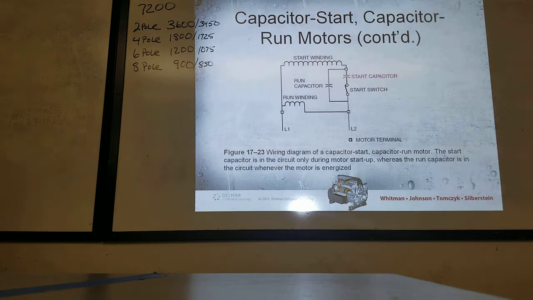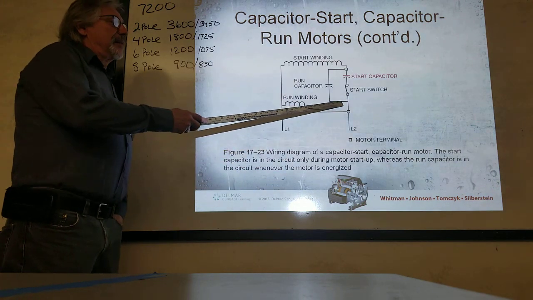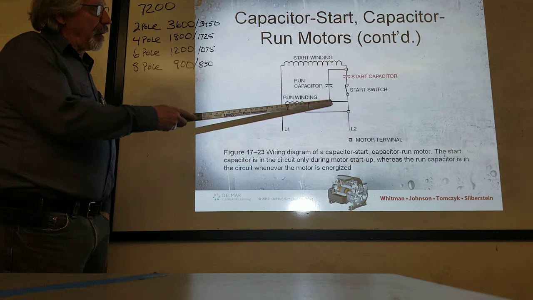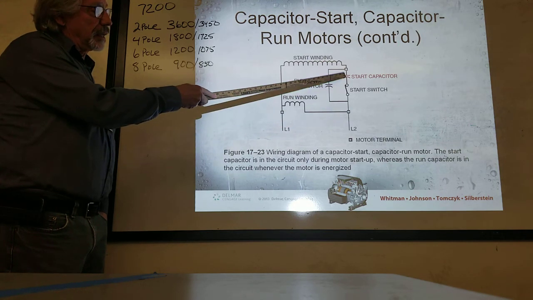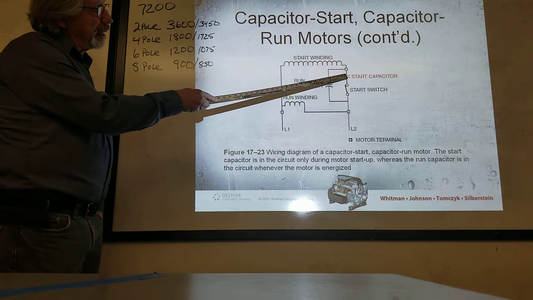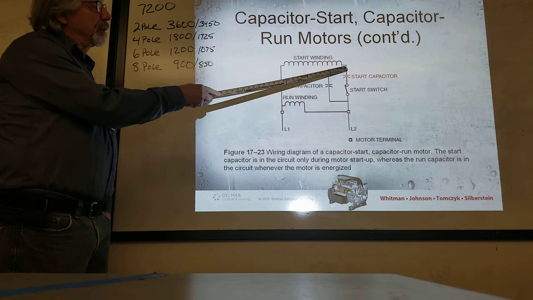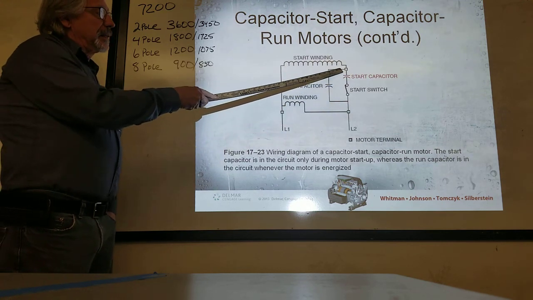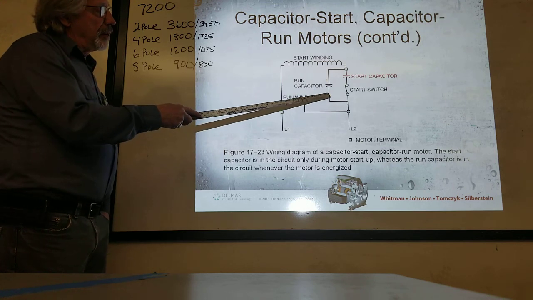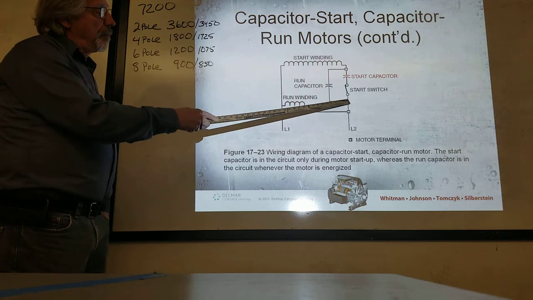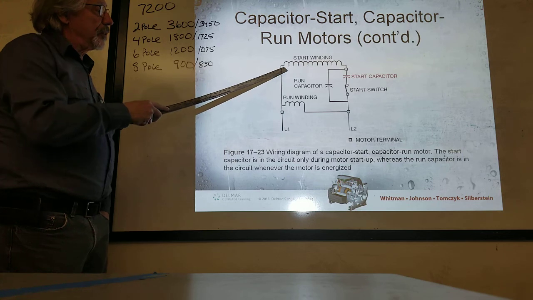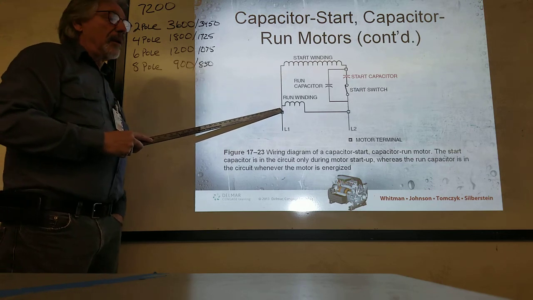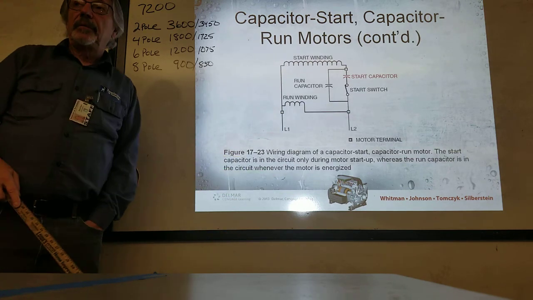So here is the diagram where the run capacitor is in the circuit. So as this switch opens, check it out. It's opening, it's taking the start capacitor out of the circuit. But the run capacitor stays in the circuit. So now energy is coming back through here and through the start winding while the motor is running.